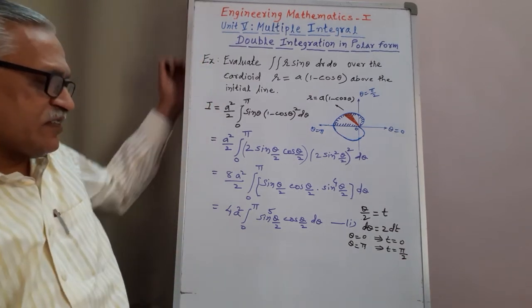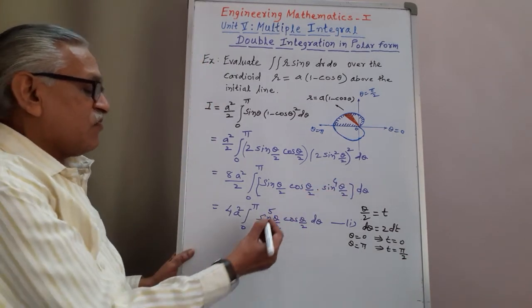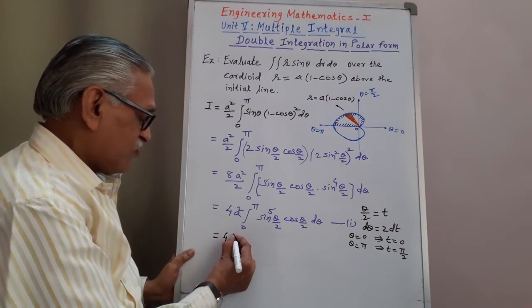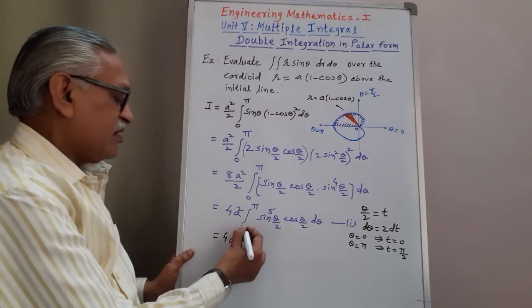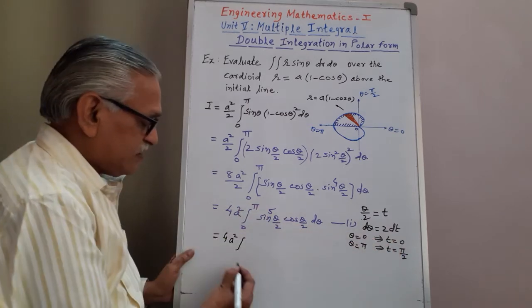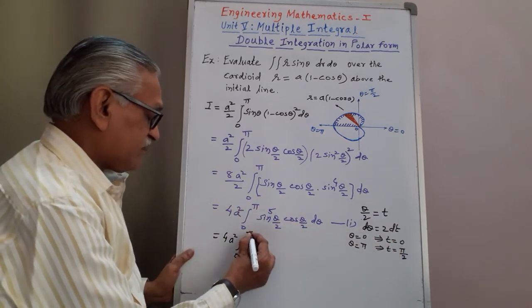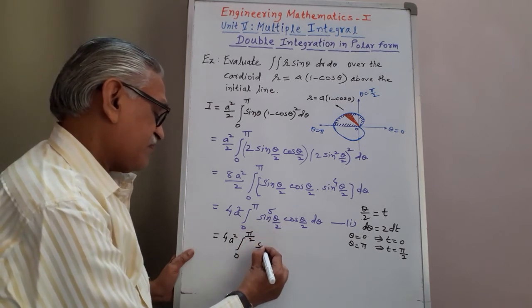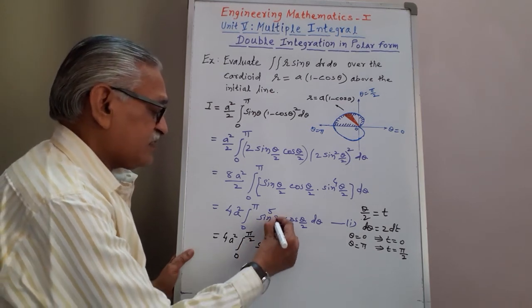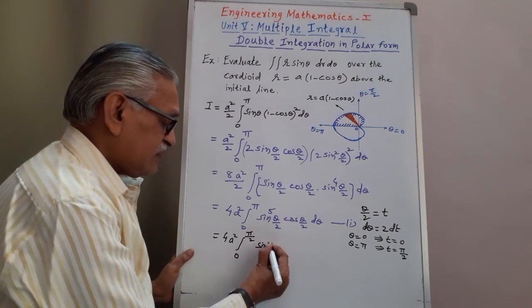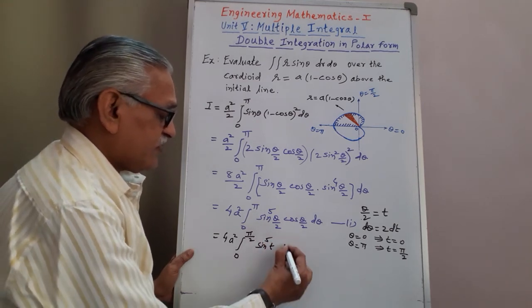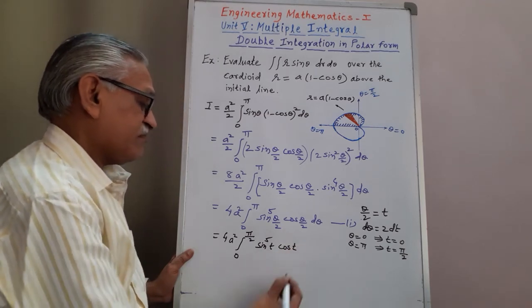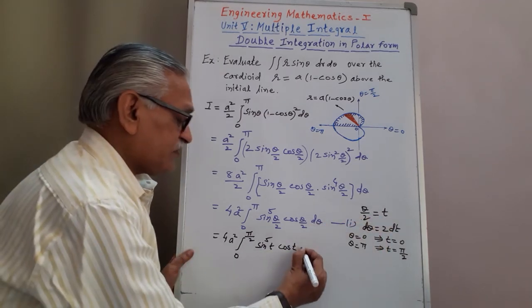And therefore, substituting these new limits in equation 1, equation 1 becomes 4a square, with the new limits 0 to pi by 2, sin theta by 2 is t raised to 5 and cos of t, and d theta is 2 dt.